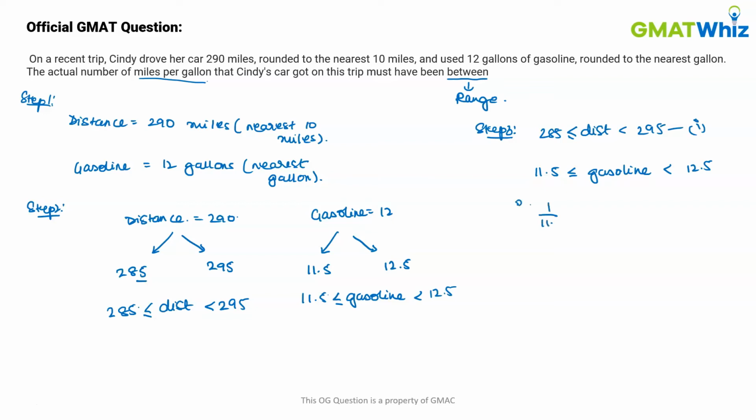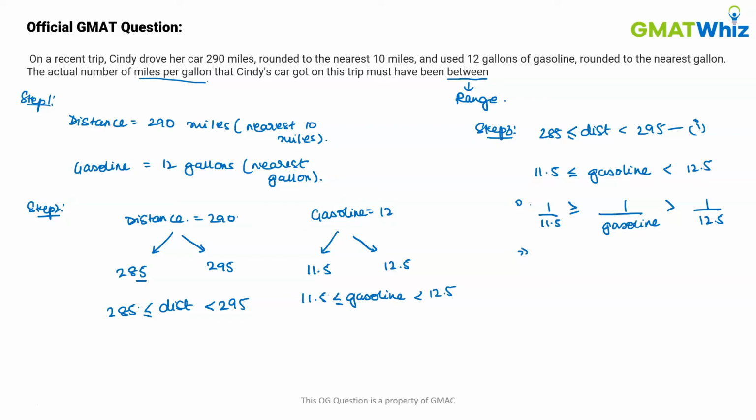Now, when we take the reciprocal of this, guys, always remember that the sign of the inequality flips. So I have 1 by 11.5 greater than or equal to the reciprocal of the amount of gasoline that she used, greater than 1 by 12.5.